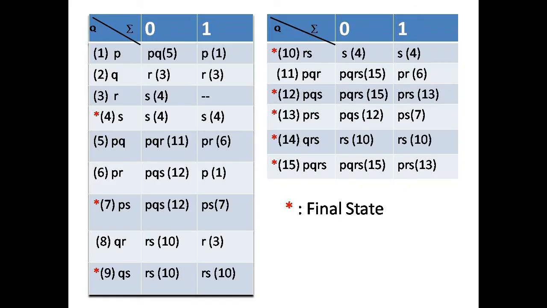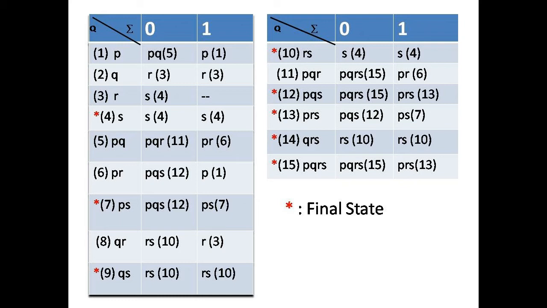The whole state table delta' for the resultant DFA is shown in a table along with the normal state symbols, and the new state labels are also given in brackets. Star indicates the final states. For example, P on 0 symbol goes to PQ, and the new label of P is 1 and the new label of PQ is 5.